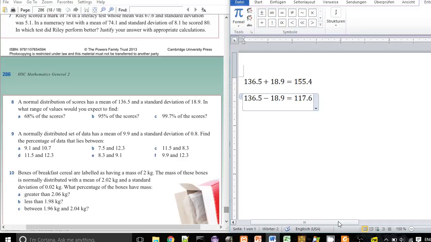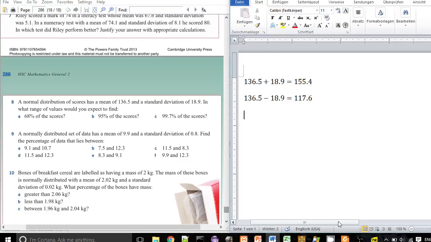Okay, so basically, 68% of scores should be between 117.6 and 155.4. Okay, hope that makes sense. So 68% is between -1 and 1 in terms of these standard deviations.